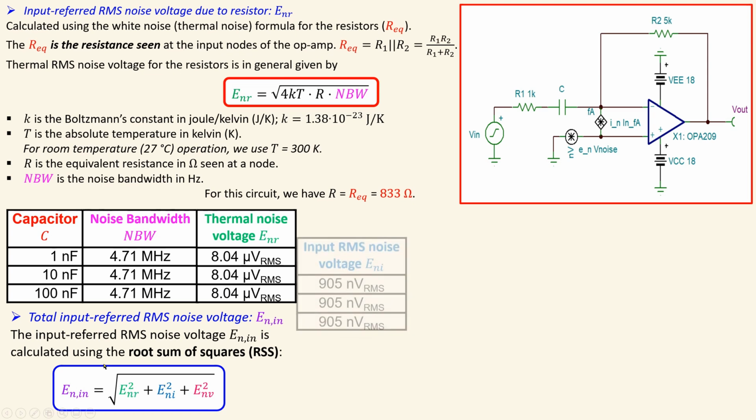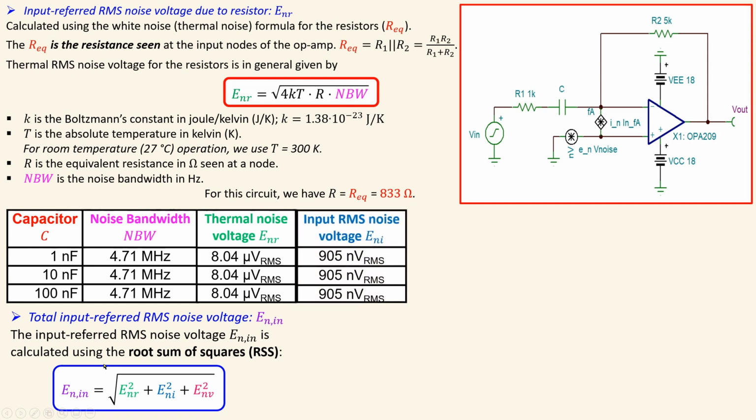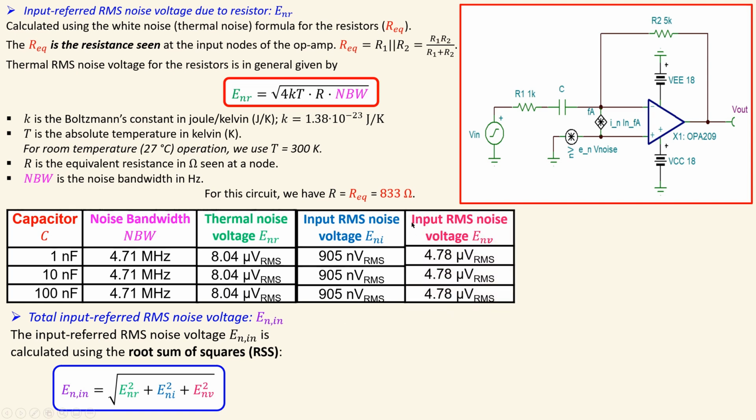Okay, now we have also calculated the input RMS noise voltage due to the input noise current of the op-amp. This is again given here as a reference, and we have the input referred RMS noise voltage due to the RMS noise current source of our op-amp.